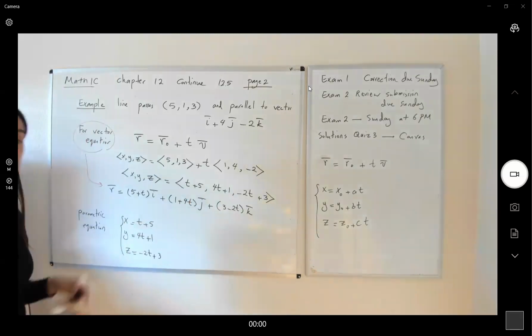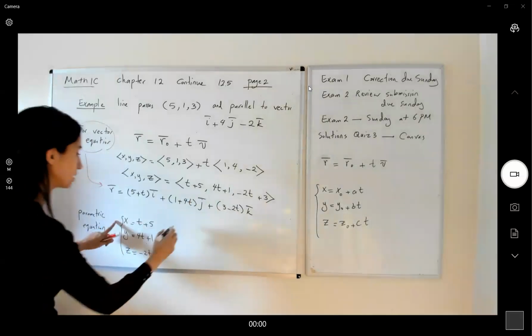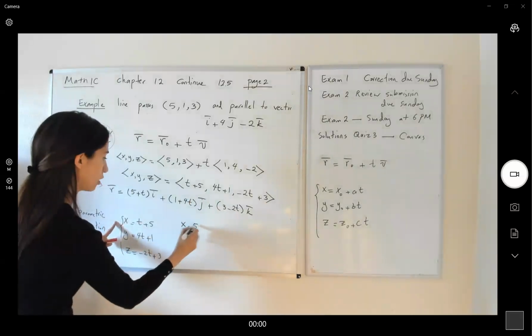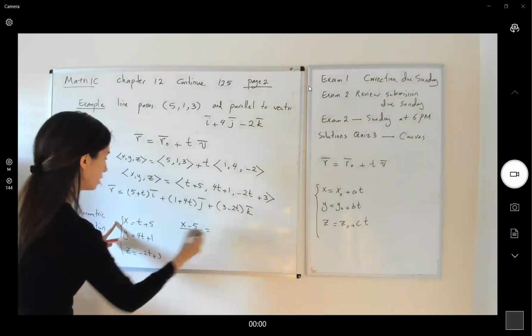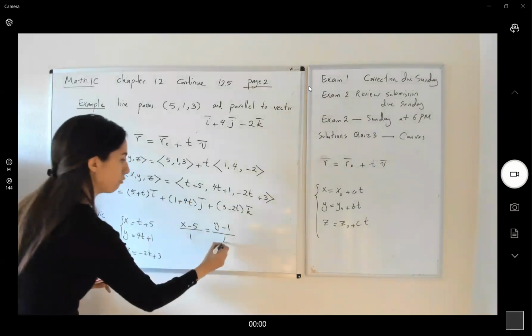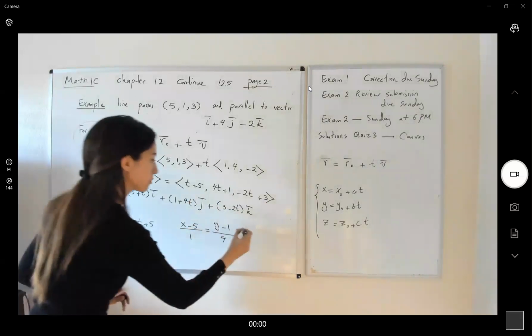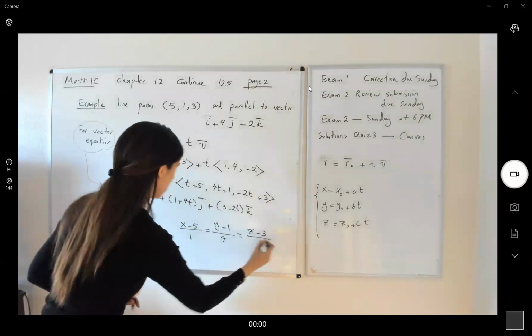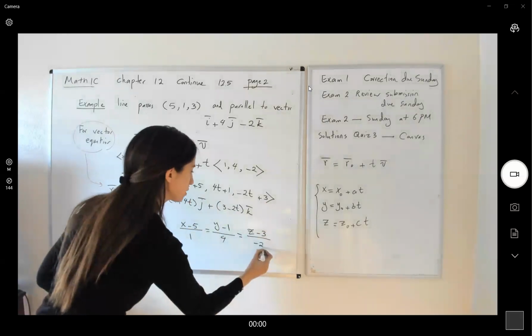You can leave it as it is, or you can rewrite it as X minus 5 divided by 1 equals Y minus 1 divided by 4 equals Z minus 3 divided by minus 2.